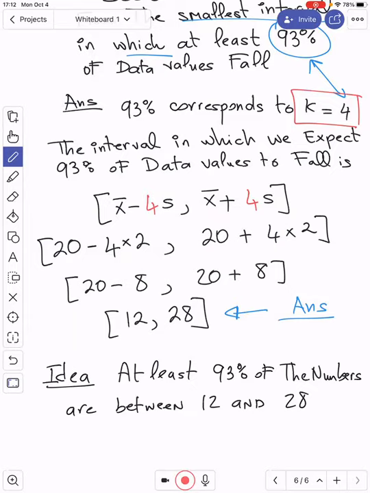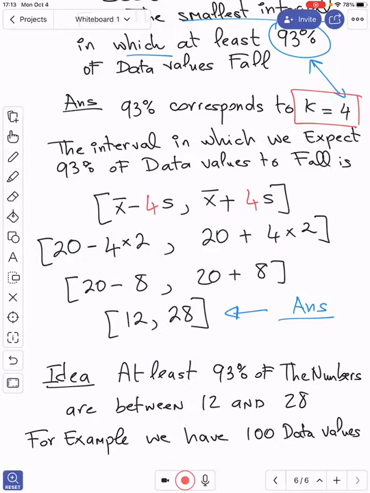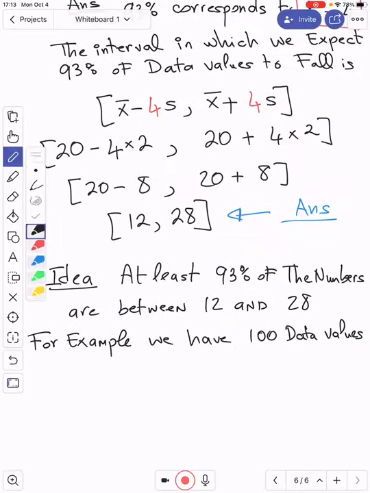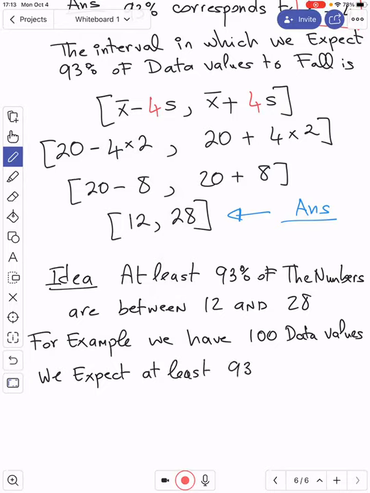Okay, so for example, let's say we have 100 numbers or 100 data values. Then we expect at least 93% of 100, so that will be 93 numbers.